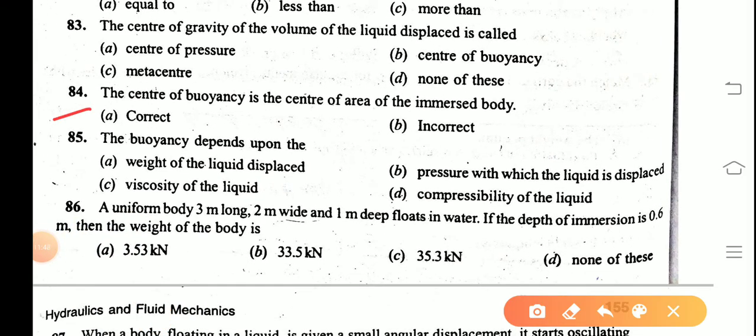The center of buoyancy is the center of area of the immersed body. Correct or incorrect? And the answer is correct. The buoyancy depends upon the buoyancy किस पे डिपेंड करता है? Weight of the liquid displaced.